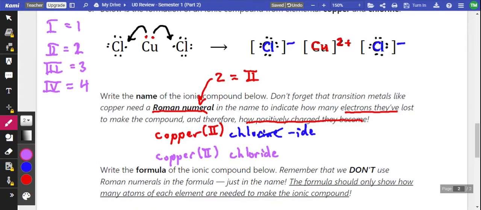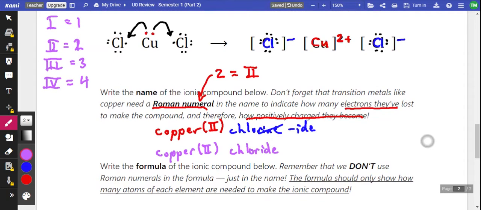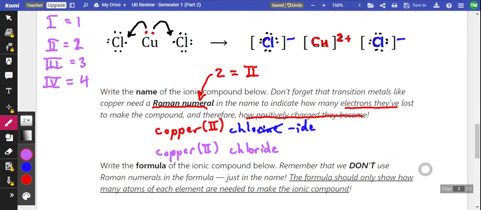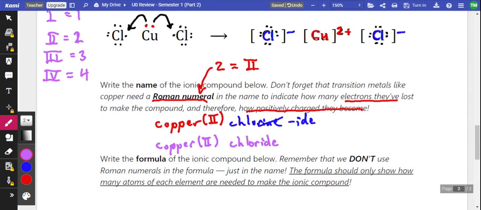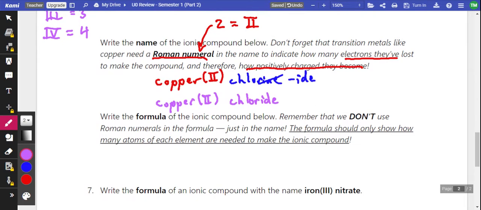So next up is writing the formula for this compound. If you have the structure like we do up here, then the formula is pretty easy. We're just writing down how many of each atom we have. We put the cation first. We have 1 copper, but it's kind of tacky to put the 1, so we're just going to leave it out.